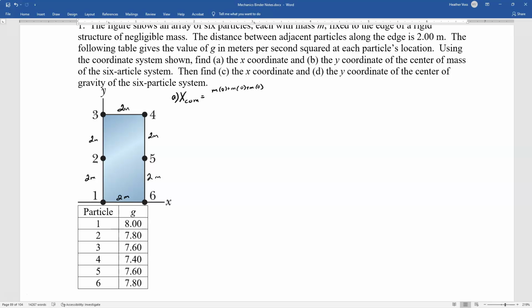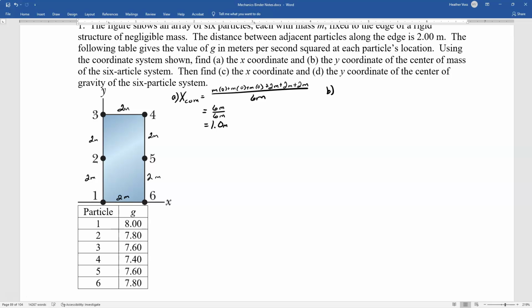Now for 4, 5, and 6, they are all 2 meters out in the x position. So we have 2m, 2m, 2m, and our total number of masses, there are 6 masses. So all total, we are going to get 6m over 6m, which tells us that our x center of mass is 1 meter out.